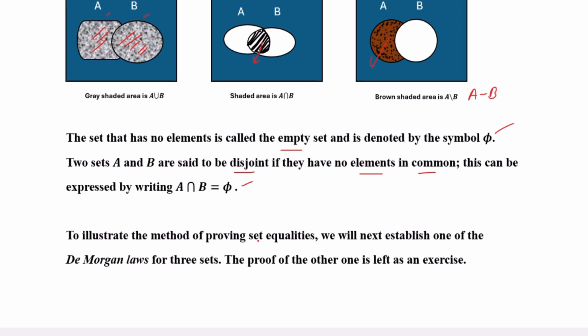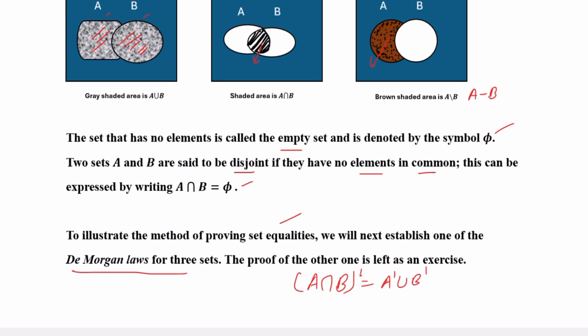How can we prove the equality of two sets? For elaboration, we are discussing here De Morgan's law for three sets. I hope you are familiar with De Morgan's law for two sets: the complement of A intersection B is equal to A complement union B complement.